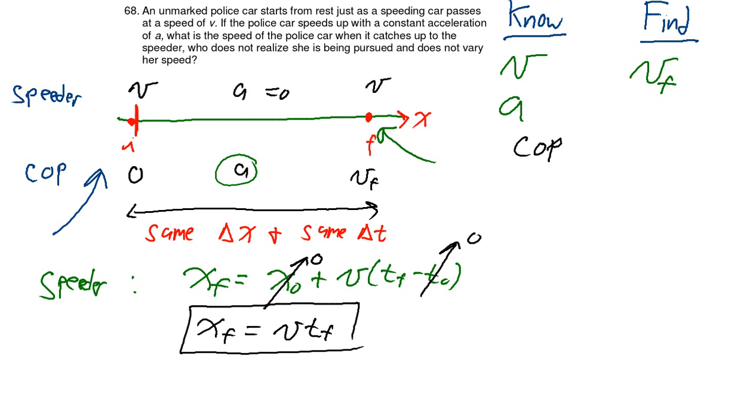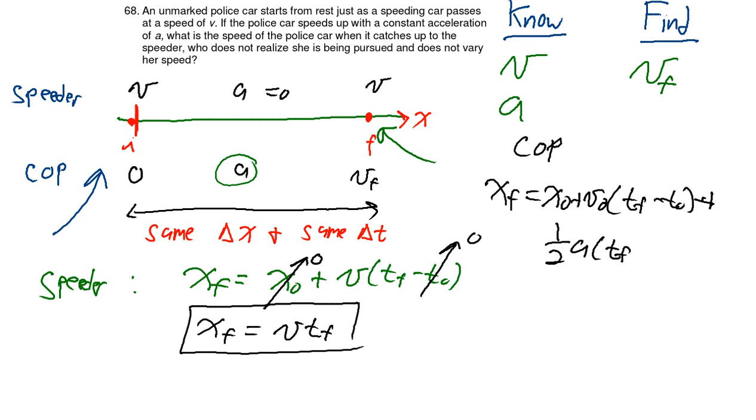And so that would tell us that x of f equals x of 0 plus v0 times t final minus t original plus 1/2 a times t final minus t original squared.